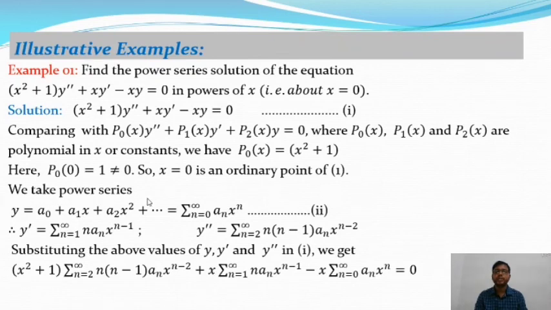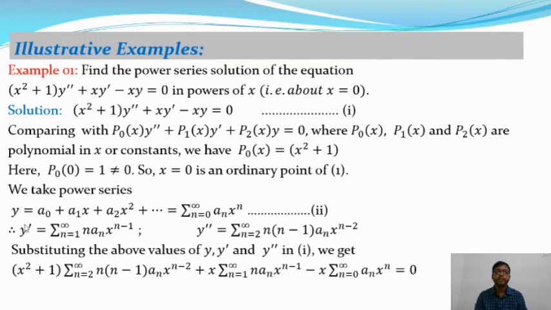So we take a power series y = a0 + a1x + a2x² + ..., that means the summation over n = 0 to infinity of an xⁿ. This is the power series we will take when x = 0 is the ordinary point, and we call it equation number 2.